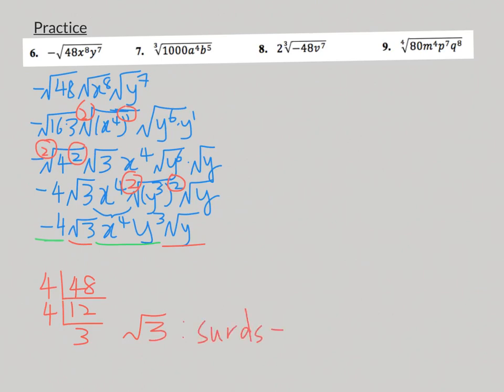Surds are square roots that are not rational, so they are irrational. You cannot get a whole number or a fraction from taking the root of those numbers. So basically they are the square root of non-perfect squares.